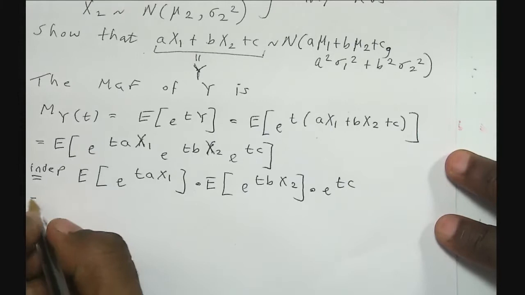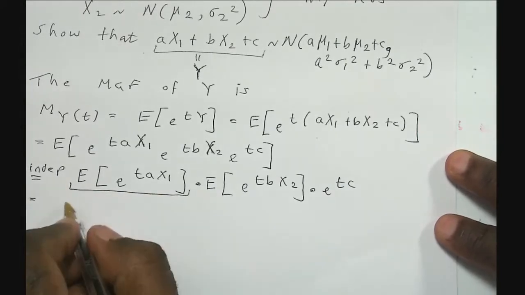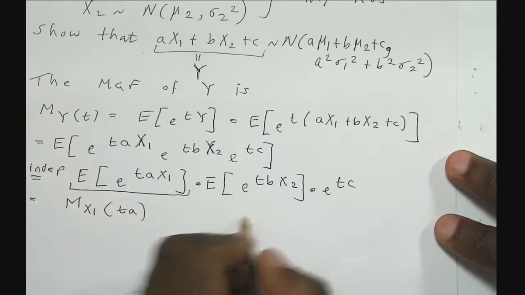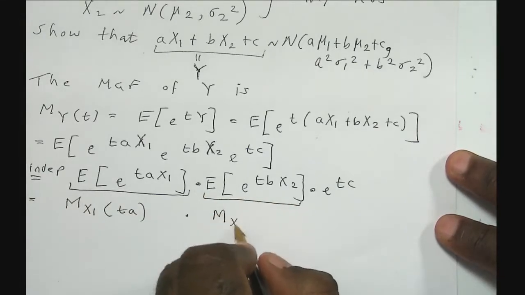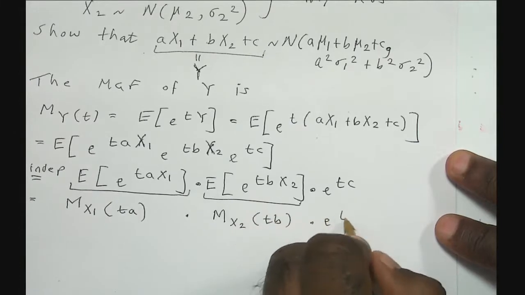Now what you have here is simply the MGF of x1 at ta, and what you have here is the MGF of x2 at tb, multiplied by e to the tc.